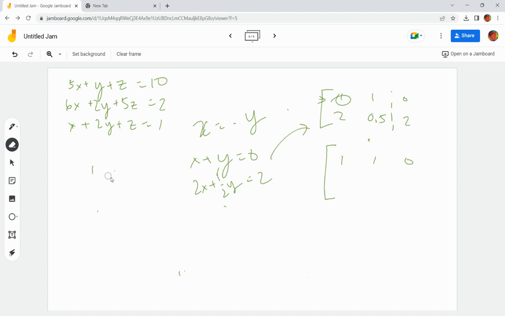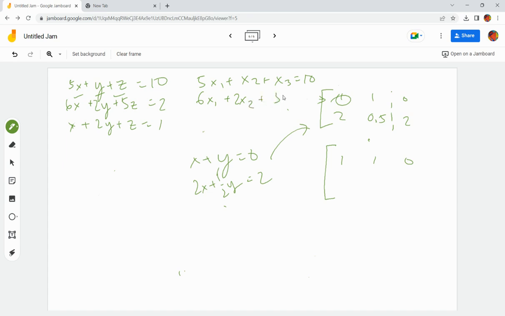The one thing you need to know about linear algebra is that we don't like to use these variables anymore. We like to say x1 plus x2 plus x3 equals 10. We like to say 6x1 plus 2x2 plus 3x3, and so on.